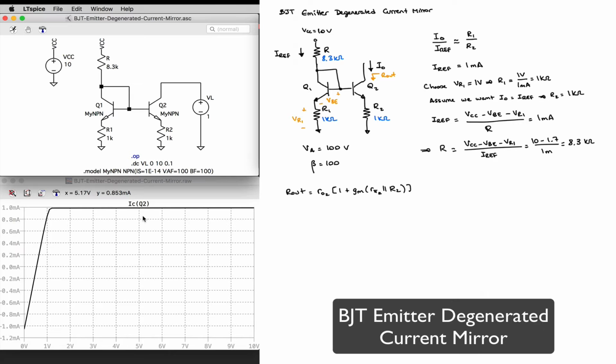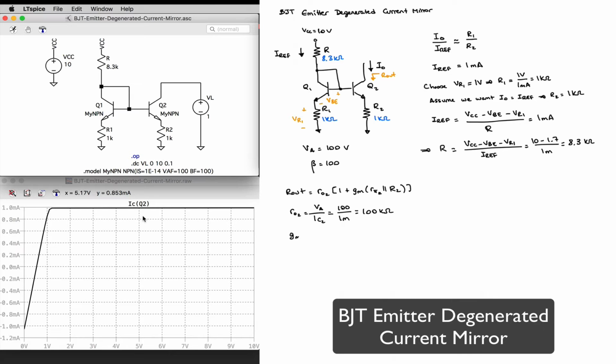Okay, and I need to calculate little r_o2 for one thing. It's going to be VA divided by IC2, or approximately 100 volts divided by 1 milliamp, or 100K.